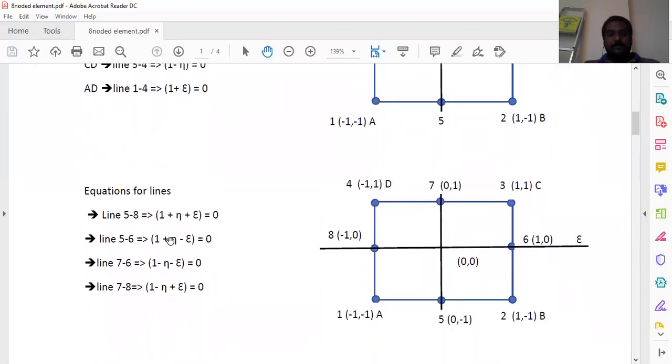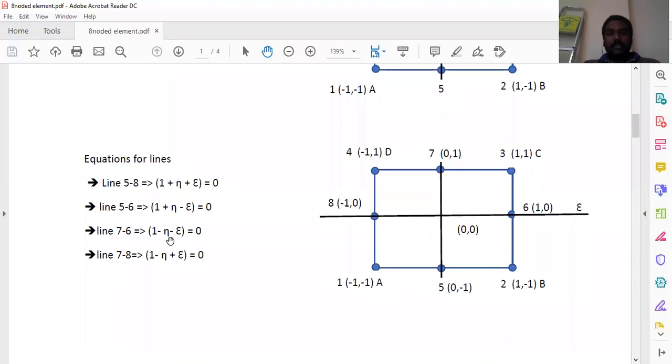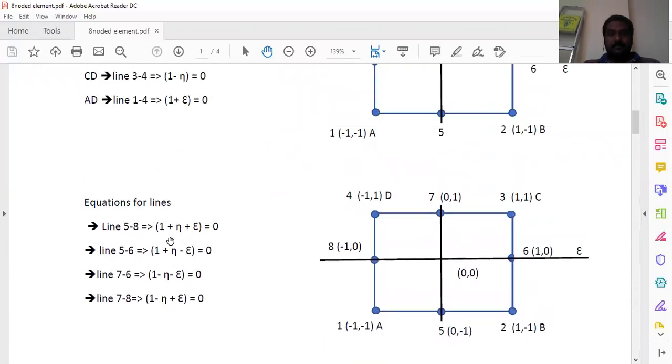Then we will write the equation of the diagonal lines. That is, the equation for line 5, 8. Sorry, first I said 5, 6, and 5, 6 also, okay, no problem.